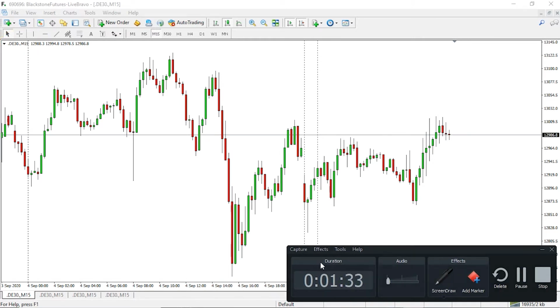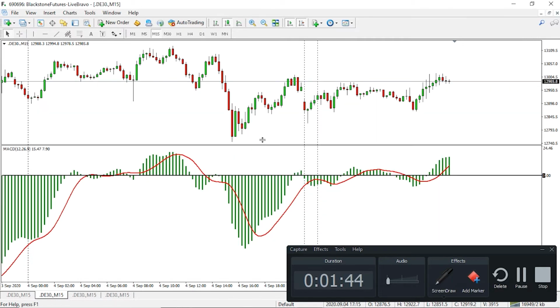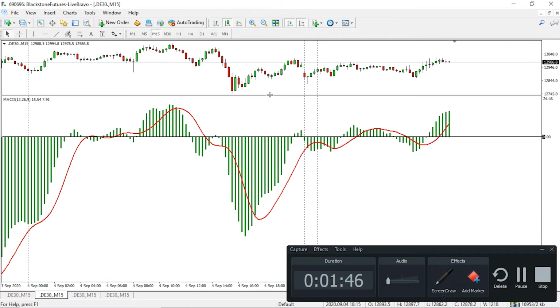Okay, now the first indicator or the first technical analysis tool that we are going to use is a MACD, and here you can see the MACD here. So I'm just going to make that MACD a little bit bigger, which will shorten my price charts.